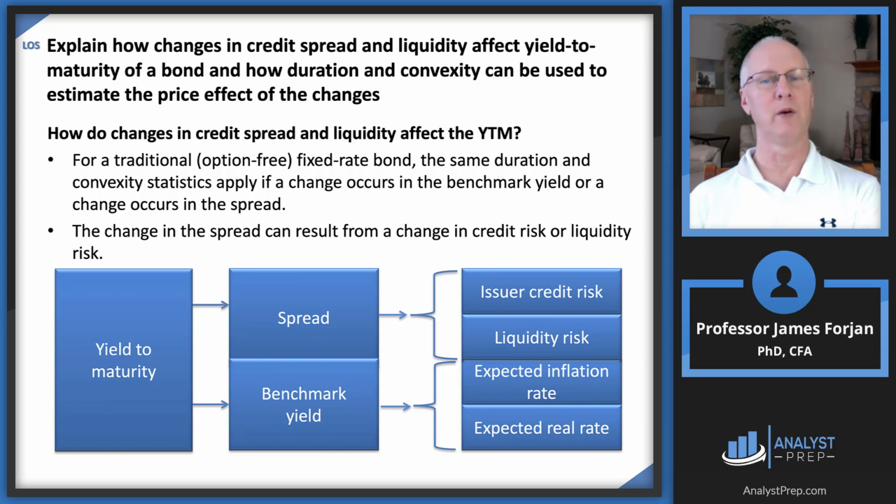But what we were assuming there is that the yield curve was going to change in a parallel manner, either up or down. And we know that doesn't happen regularly. So these things in the box over on the right, what they're going to do is they're going to affect that parallel shift in the yield curve. So we need to be careful about analyzing those things over there on the right.